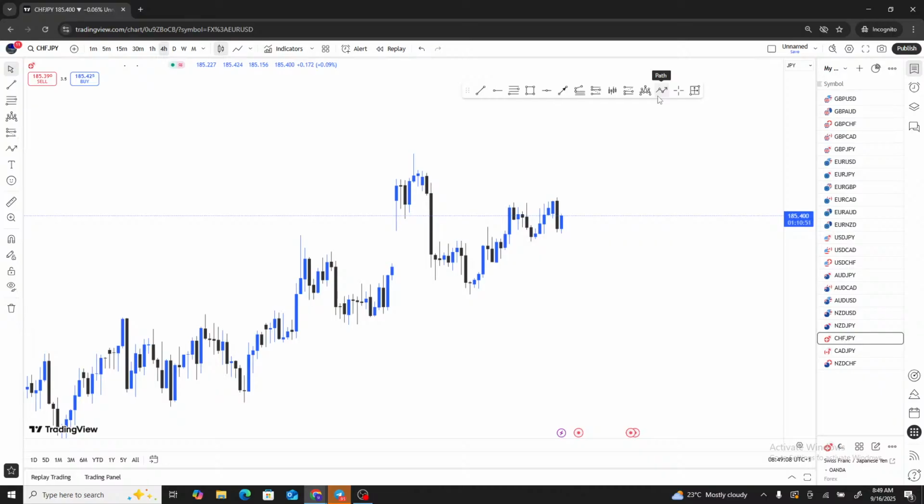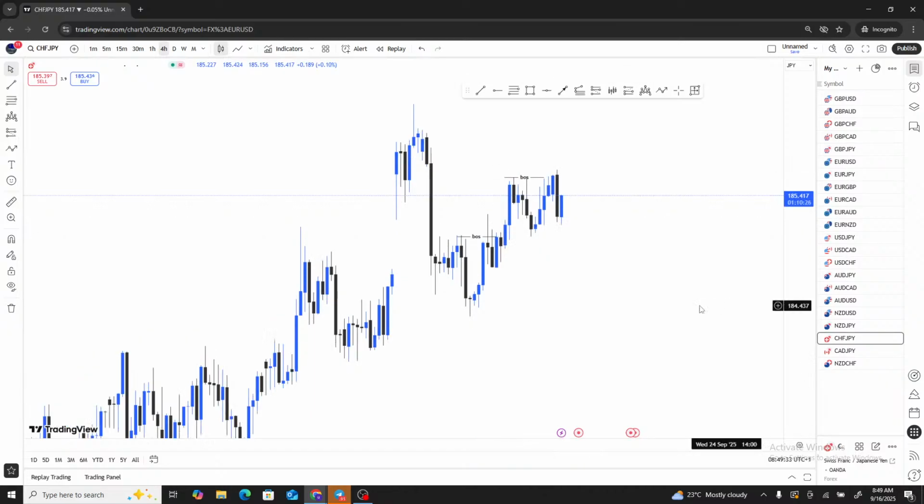So we start marking out our break of structures. Look at our break of structure right here. Another BOS, another break of structure.